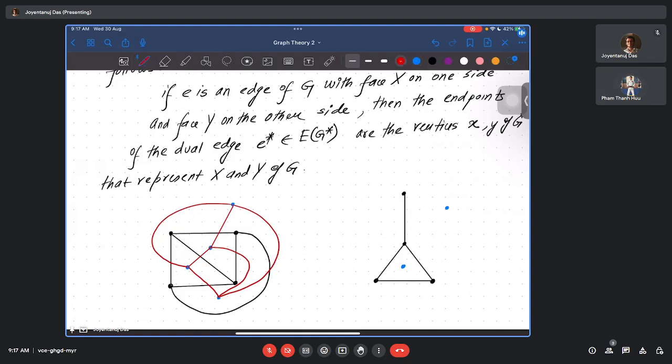So here what will be the edges? One edge is connecting because of this edge that is shared. One is connecting due to this one, and one is connecting due to this one. And there is a loop because this edge is crossing. So this is my dual graph.